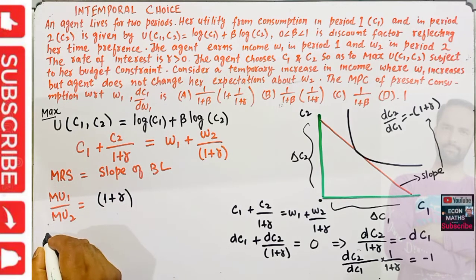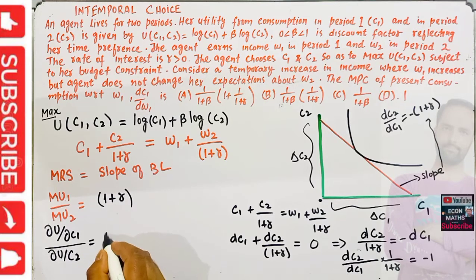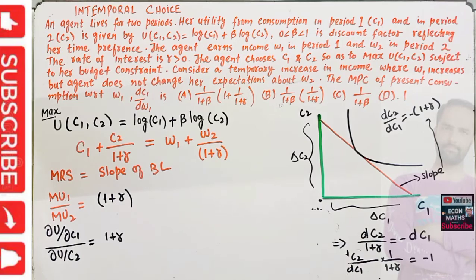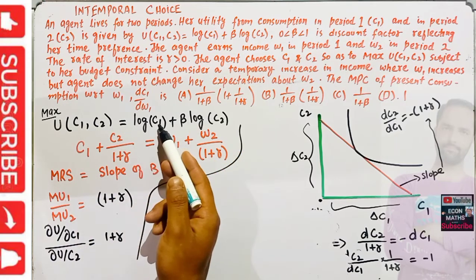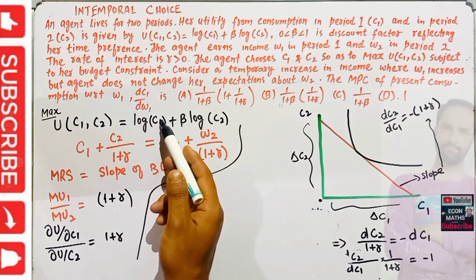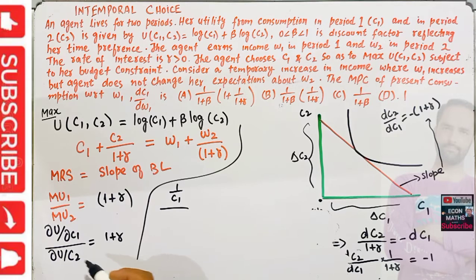This is simply the partial derivative of the utility function with respect to C1 upon the partial derivative of the utility function with respect to C2, which should be equal to 1 plus R. So du upon dC1, the derivative of this function with respect to C1: since C1 is in the first term only, the derivative of log of C1 is 1 upon C1, divided by du upon dC2.